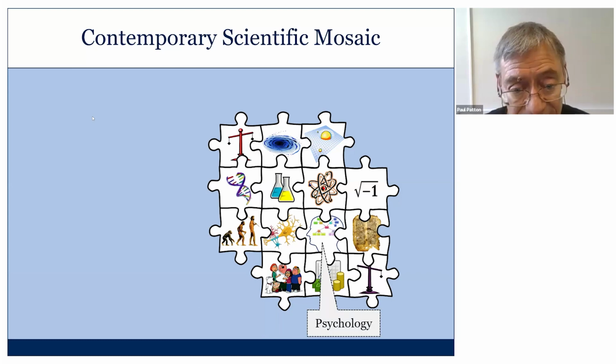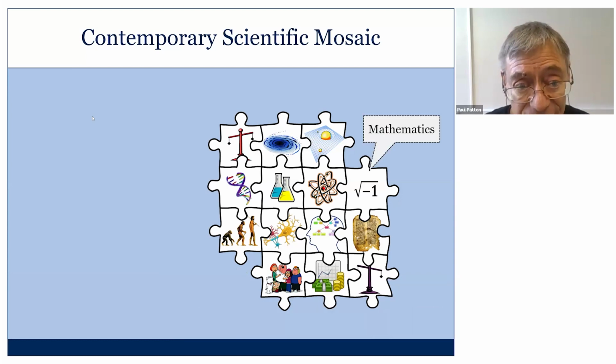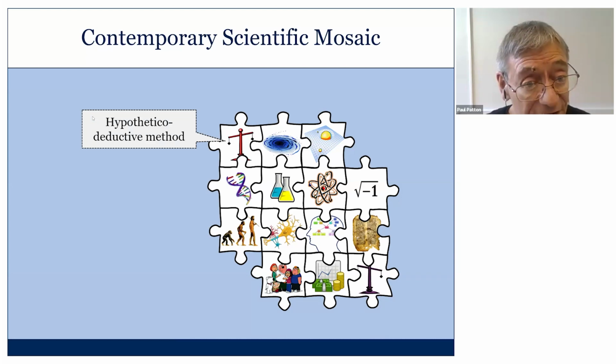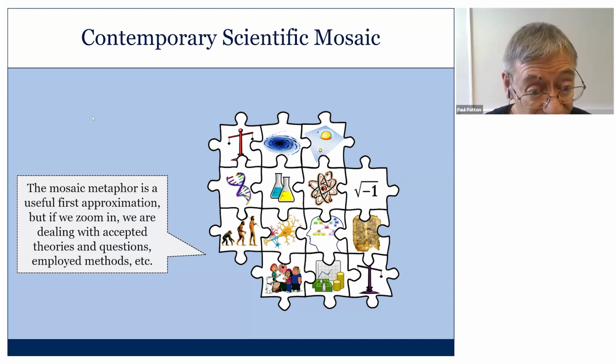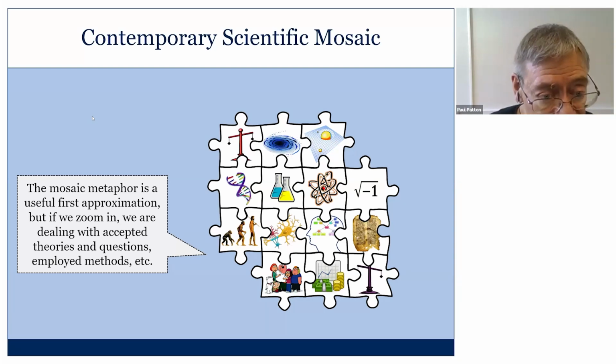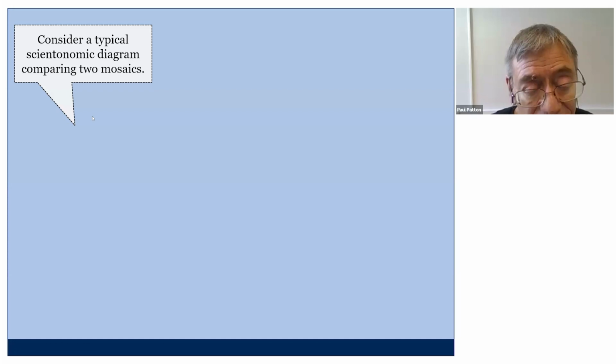Neurophysiology, psychology, sociology, economics, history, mathematics. And here is a method, the hypothetico-deductive method of normative theory. So that's an example of what we mean by a scientific mosaic. The mosaic metaphor is a useful first approximation. If we zoom in, we are dealing with accepted theories and questions and employed methods. Consider a typical scientonomic diagram.